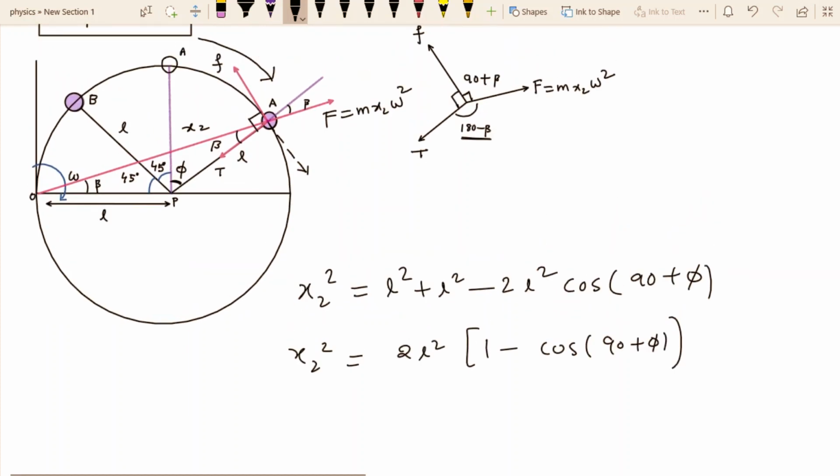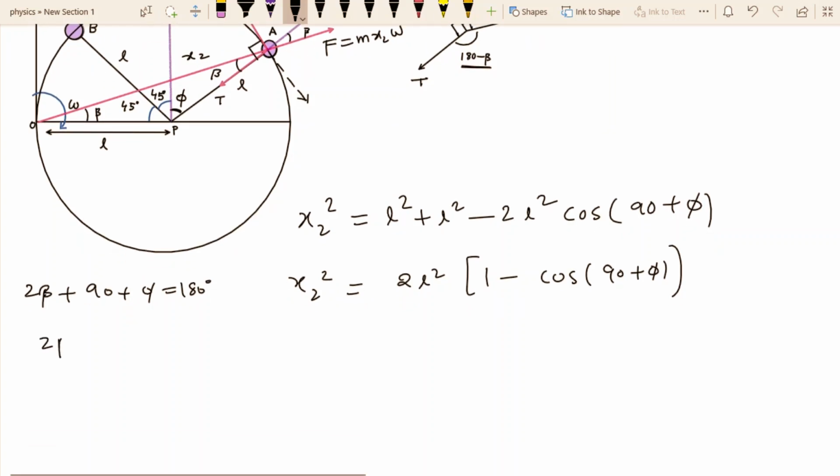Okay, and see here we have a triangle. The sum of all angles in a triangle is 180. You can directly write 2 beta plus 90 plus phi is equal to 180, so 2 beta plus phi is equal to 90. So what is the value of phi? Phi is 90 minus 2 beta.